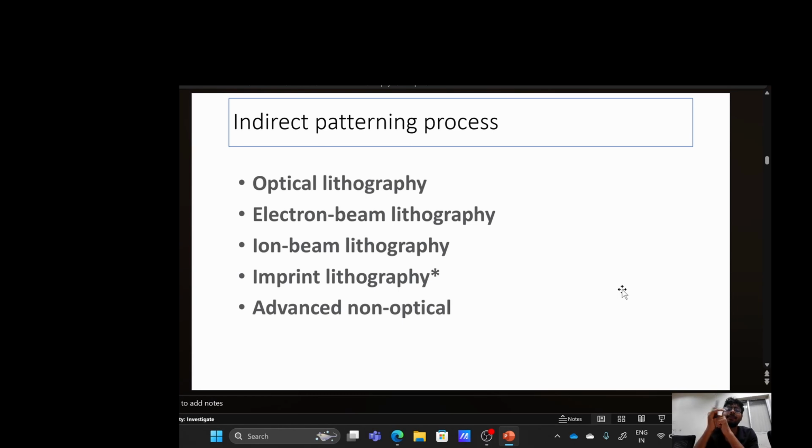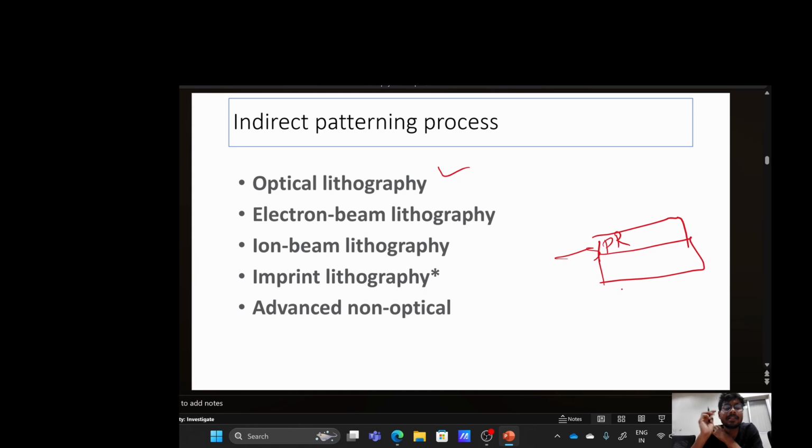Now, this is indirect patterning. Which tools are used for indirect patterning? In indirect patterning, as I told you, there is an intermediate layer, which is photoresist, PR.